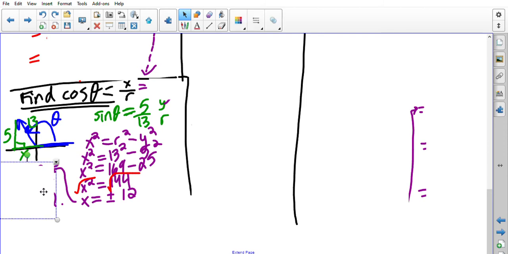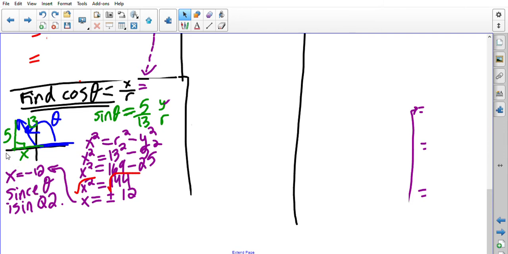But then you have to do some thinking. Because the angle over here would create a triangle whose x value would be on the left of 0, the x value would have to be negative. So we have concluded that x equals negative 12 since theta is in quadrant 2.